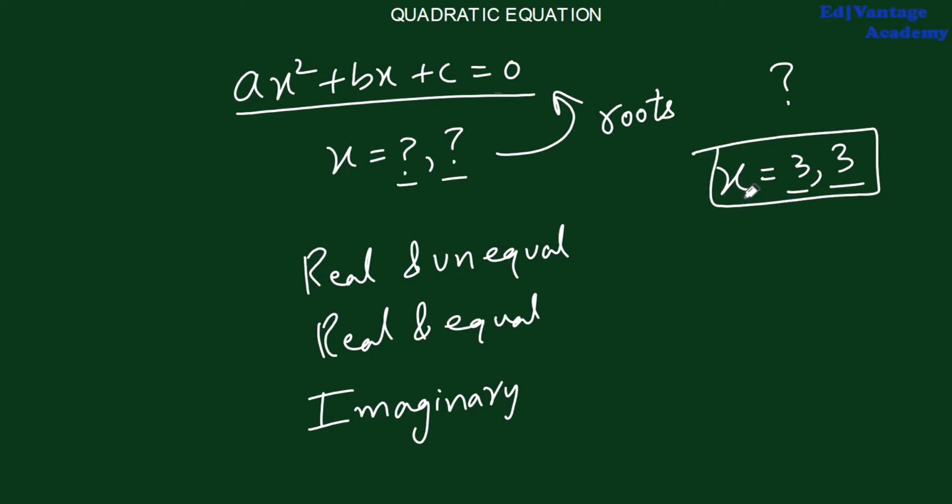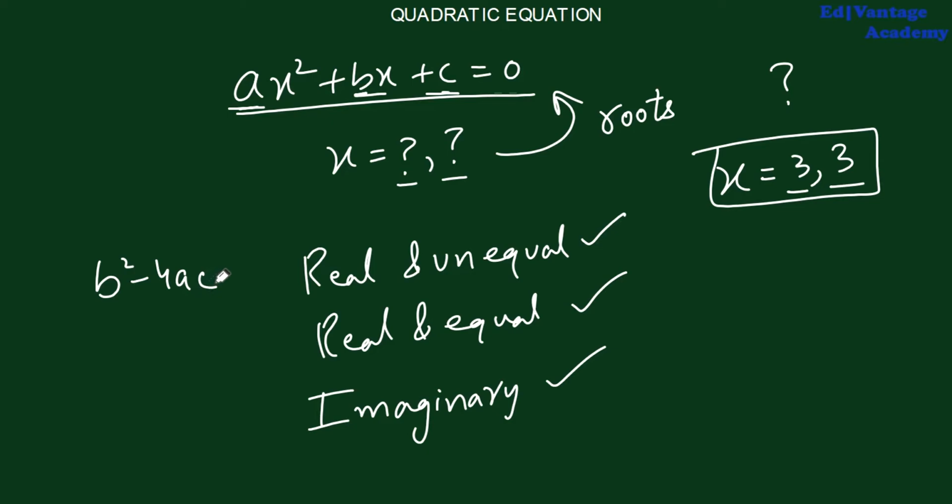But without solving, without finding the values of x, can you tell whether roots are real and unequal, real and equal, or imaginary? Yes, we can tell. We just need to know the discriminant. Discriminant is b square minus 4ac. We need to put the a, b and c values here.